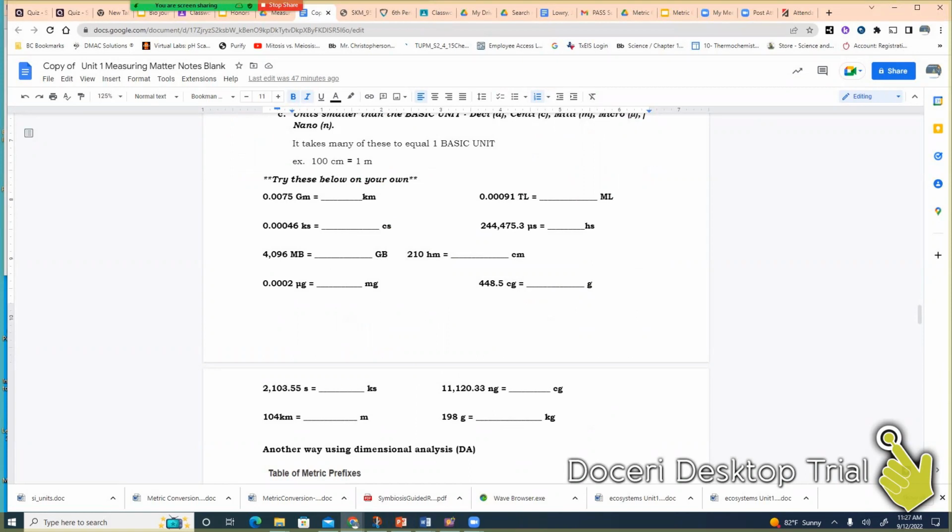It's the second largest prefix, giga. That's what the big G stands for. So I'm going from gigameters to kilometers, kilo. The first thing I do is see how many places I would have to jump. 1, 2 places, right? Does everybody see that?